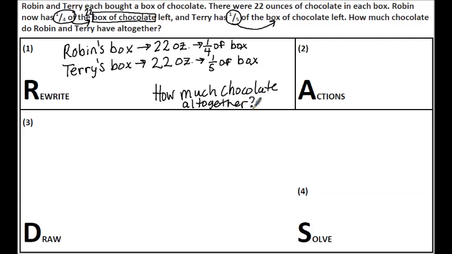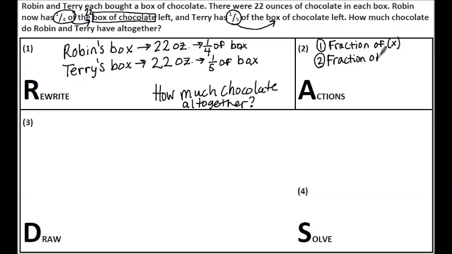So the first thing that we need to do is figure out how much does Robin have. So if I'm trying to figure out how much Robin has, she has 1/4 of the 22 ounces. So for figuring out how much Robin has, we're going to take a fraction of the box, which is going to be multiplication. We're going to do the same thing for Terry.